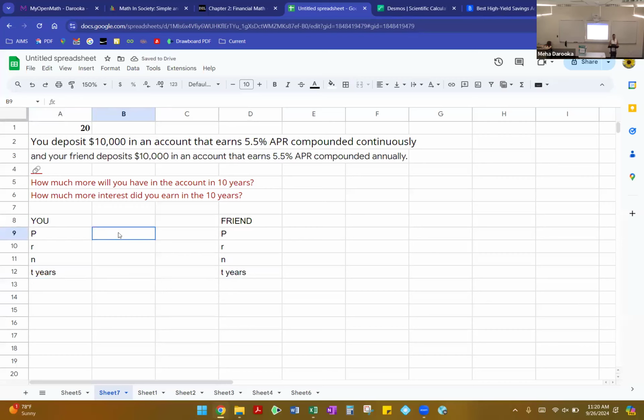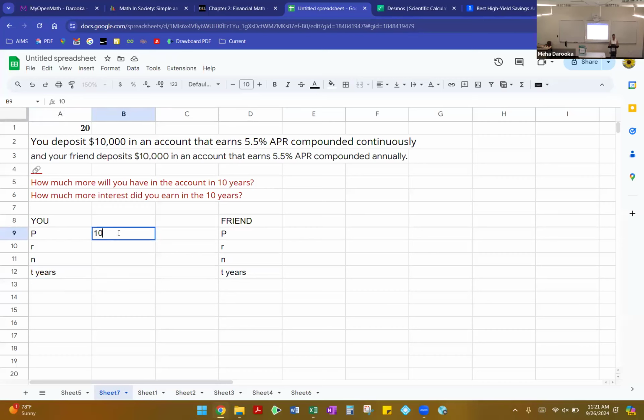For us, it is $10,000, which is the same for the friend also. I'm just going to copy and paste here. They are both earning the same interest rate, 5.5% for both. Make sure we get rid of those extra zeros and put a decimal in there.